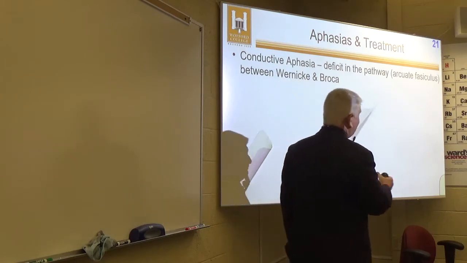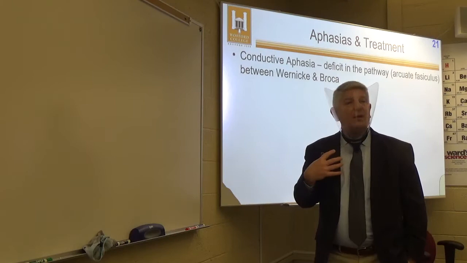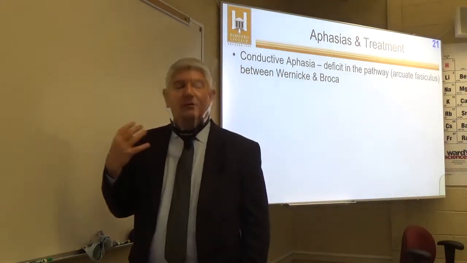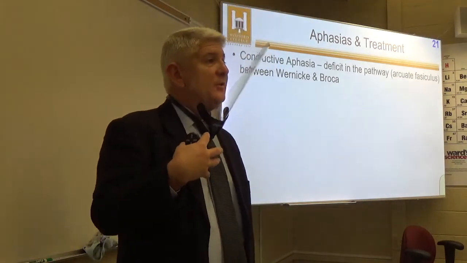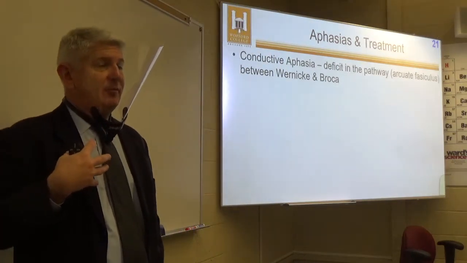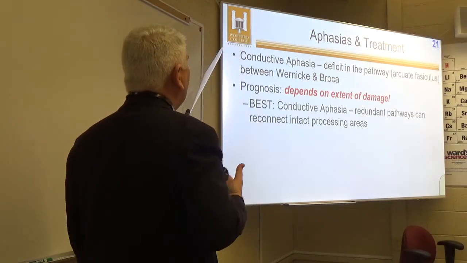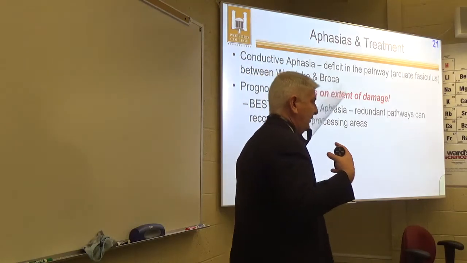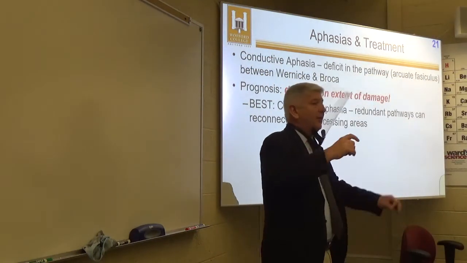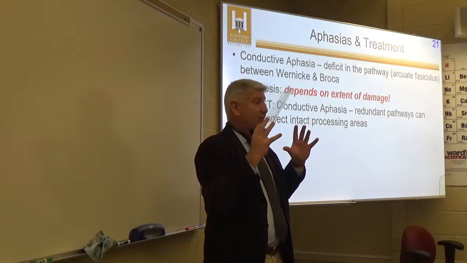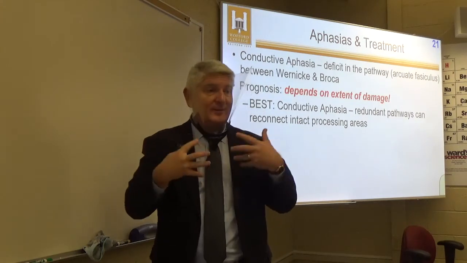We can also have, back up a second, conduction aphasia, where the white matter, the arcuate fasciculus, the pathway between Wernicke's area and Broca's area, becomes damaged. That has the best prognosis, right? It obviously depends on the extent of the damage, but that is the best outcome because the areas of the brain doing this complex processing, Wernicke's and Broca's area, are still functionally intact.